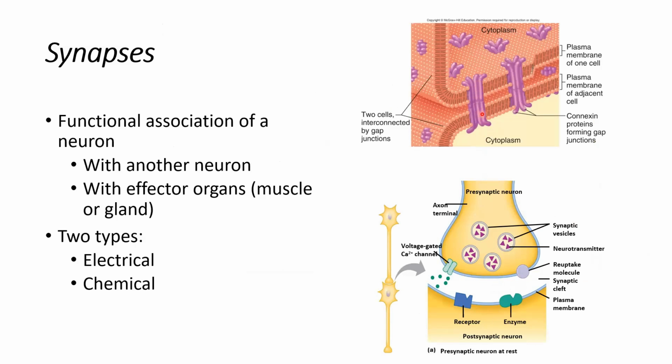So there's no space. The cells are pretty much adjoined by these gap junctions. So yes, we can think about the chemical synapses as being thicker or wider, right? In terms of the space where that chemical communication is happening. For the electrical synapse, there really is not a space. The signal is going right through that gap junction from one cell to the other.